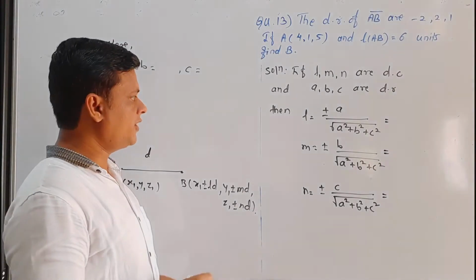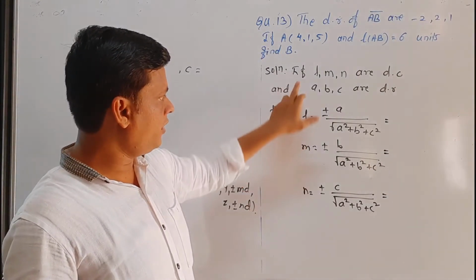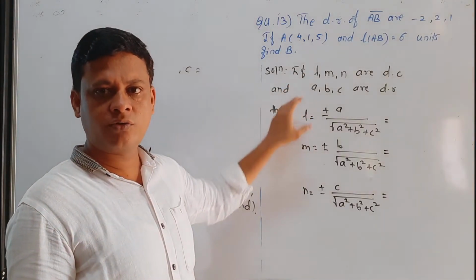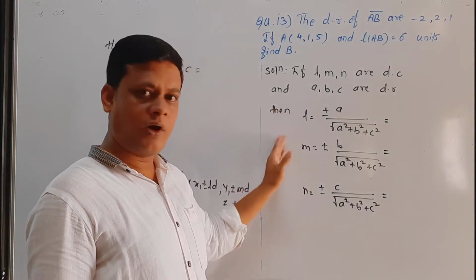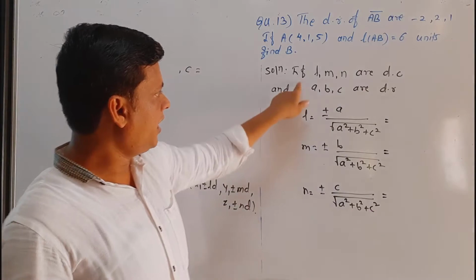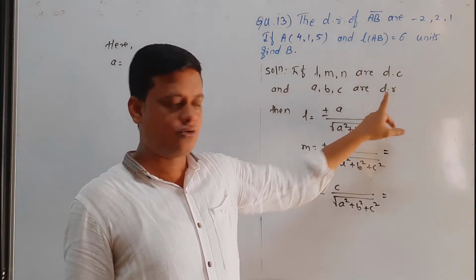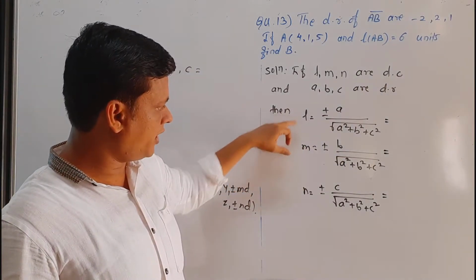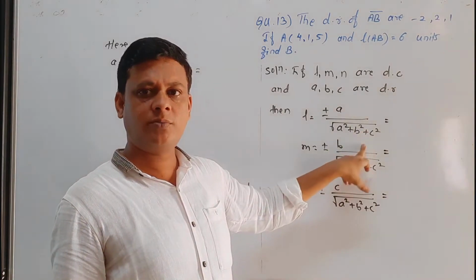So for that we first find L, M, N. Now for that we use again the relation between direction cosines and direction ratios, which we already used for the last question, that is question number 12. If L, M, N are the direction cosines and a, b, c are direction ratios, then we know the relation for L, M, N. So we first calculate the value of root a square plus b square plus c square.